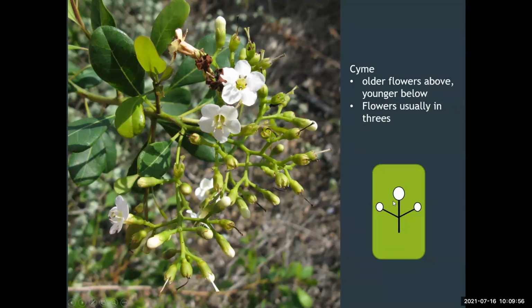So it's called a cyme, or a determinate inflorescence. You can recognize these usually because the flowers are kind of in threes. So you see that there's a little group of three. This is a compound cyme, but again, if you were to look at all the individual units, all of those flowers are just in little groups of three. There's an older flower and some younger flowers below it.